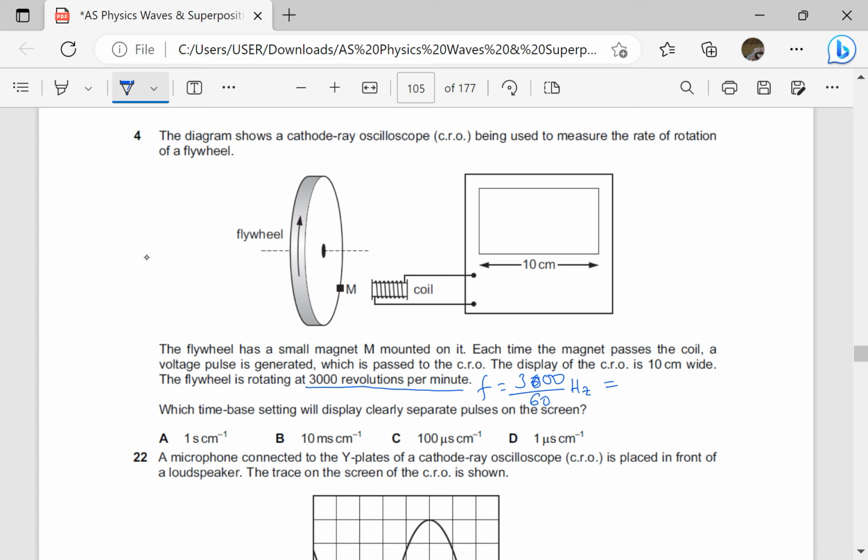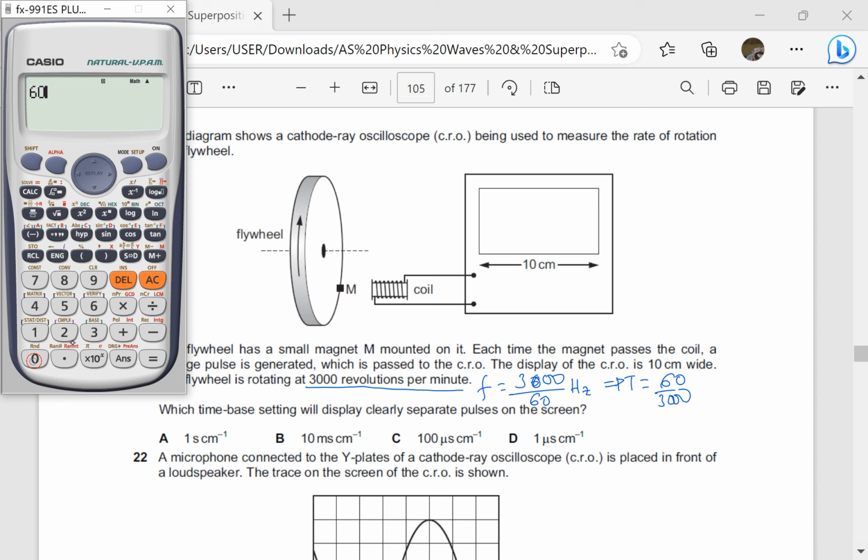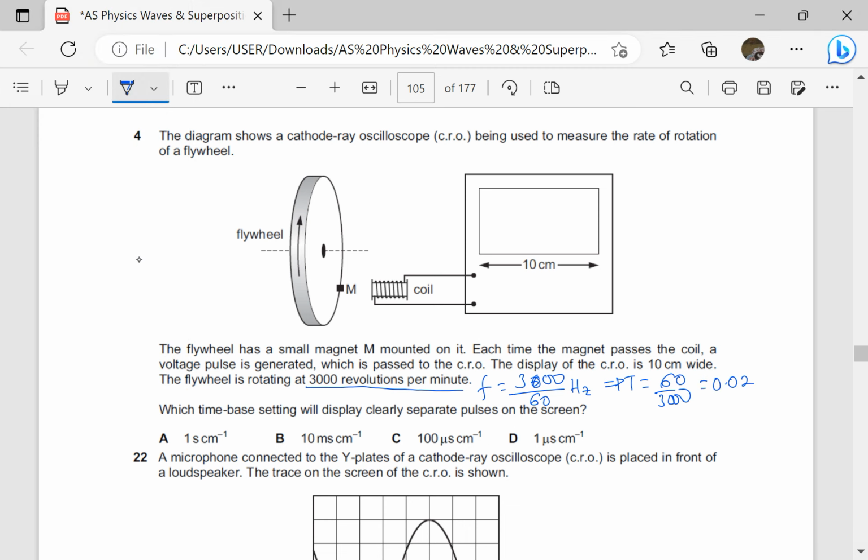Then it implies that the period is going to be the reciprocal, which will be 60 divided by 300, that is 0.02 seconds. So that is the period.